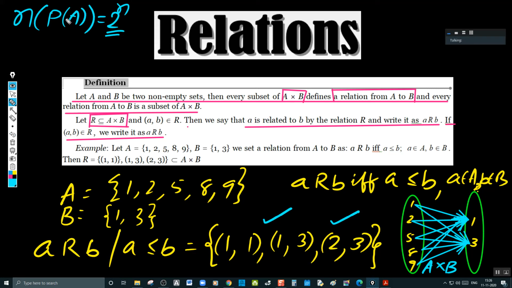So now if you extend this to the relations, how many elements do I have in A cross B? If A has m and B has n, you'll have mn elements.